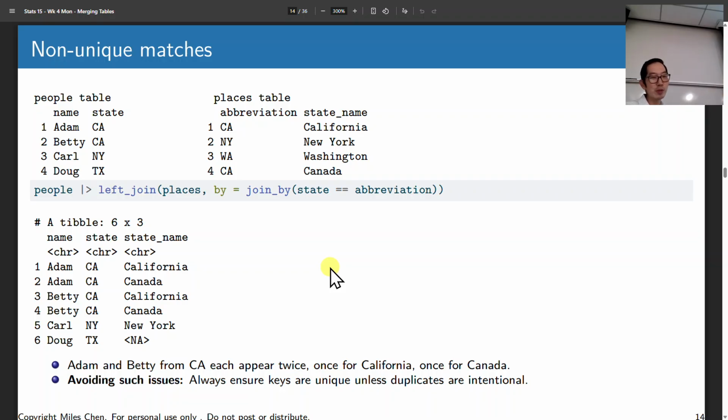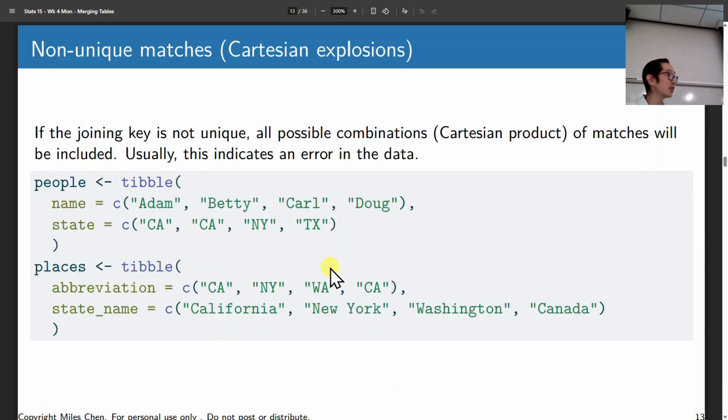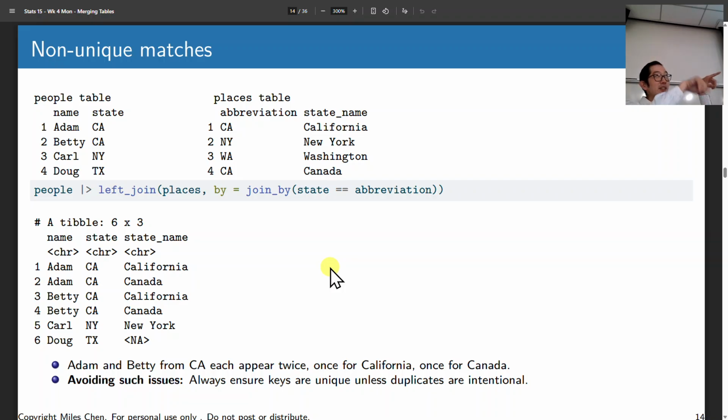This is why we call them Cartesian explosions: every row has to match with each of the others, and you end up getting a whole bunch of things. So it's important that if you have a dimension table like this, everything is unique. You don't want CA to be ambiguous. You want CA to be clear. This represents California, and we have a different code for Canada.